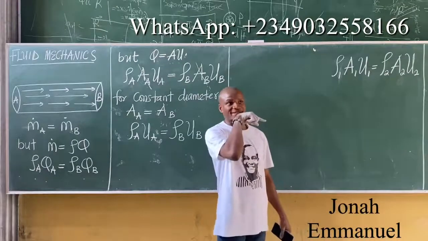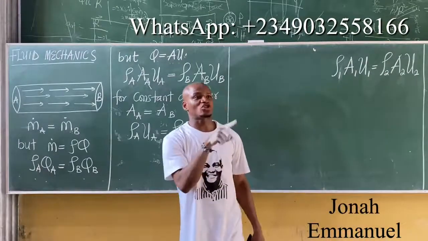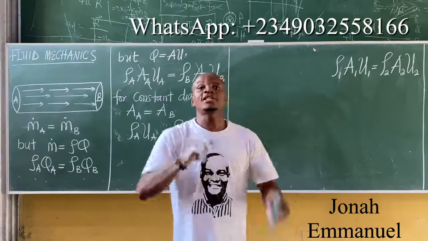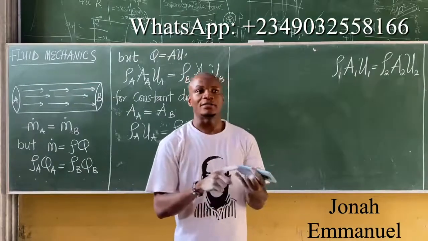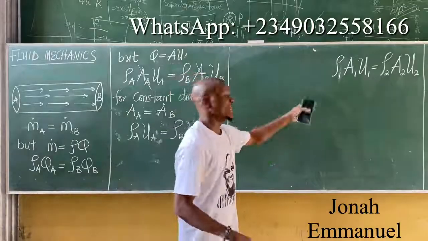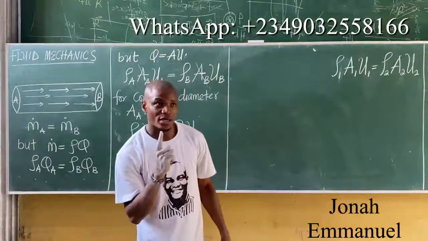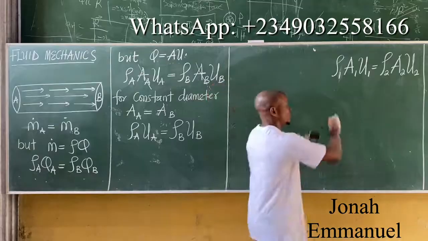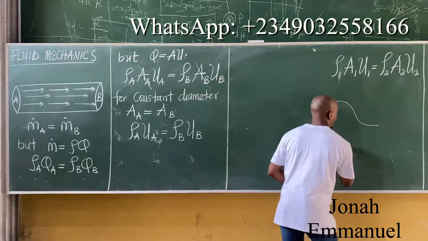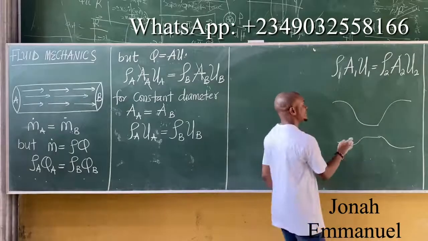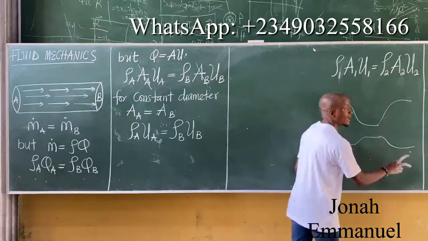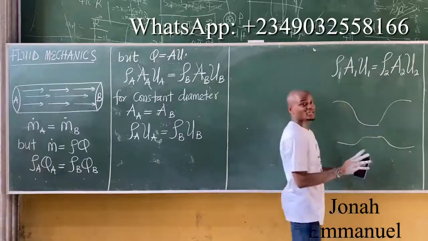Now here's the difference. This is fluid mechanics; a fluid includes both gases and liquids. Earlier we were doing different pipes that expand and contract, so the area was changing and hence did not cancel out.